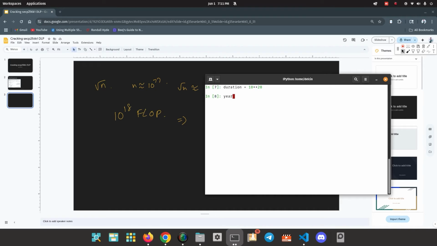How many seconds are there in a year? Let's call it seconds in year: 365 days times 24 hours in a day times 60 minutes in an hour times 60 seconds in a minute. Now let's do duration divided by seconds in year.